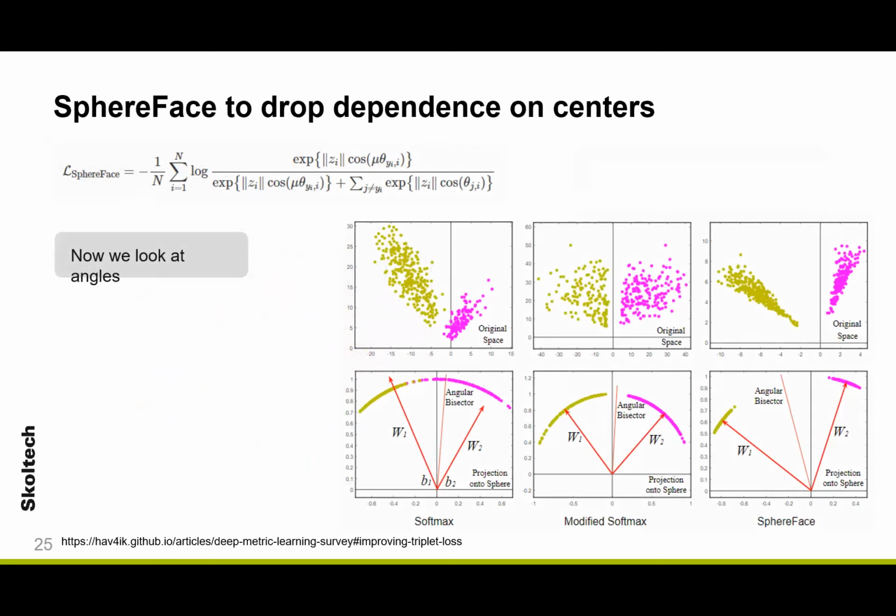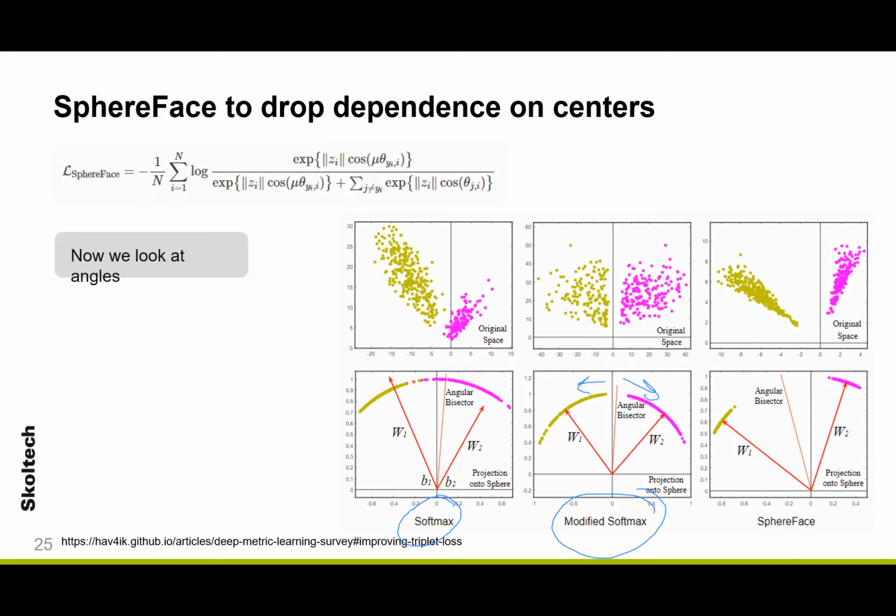But this is not the final stage of the evolution of these approaches, because we still have some issues. They're still not contrastive enough, and we expect that we can do better. One idea is, okay, we have the modified softmax, so we basically try to move classes away from each other. But if we look at angles, if we project objects onto the sphere, then we can do better.